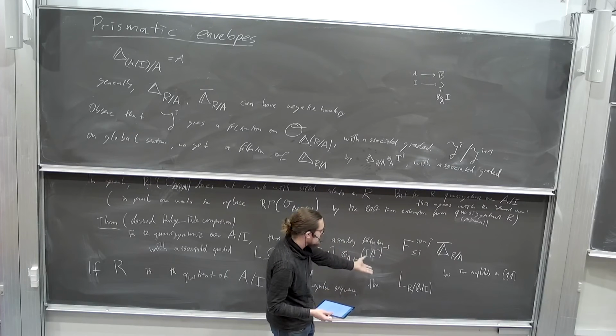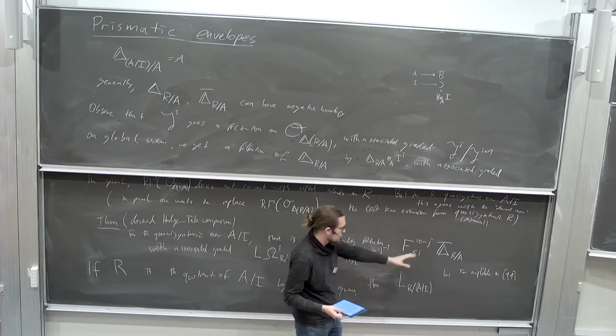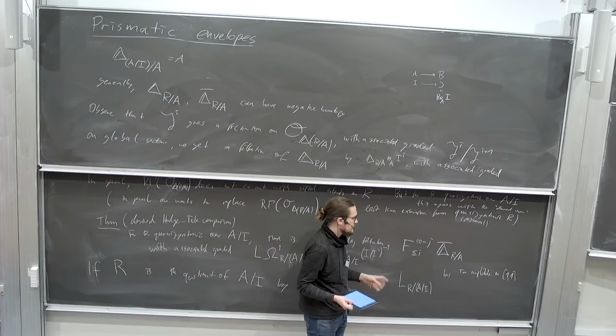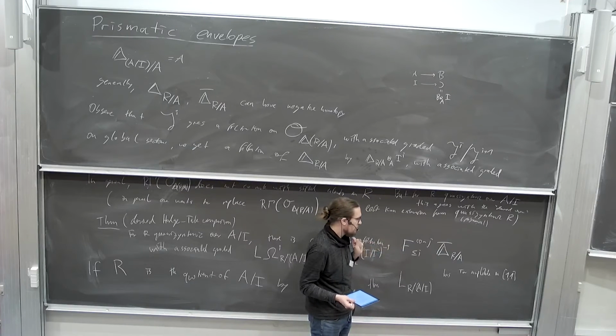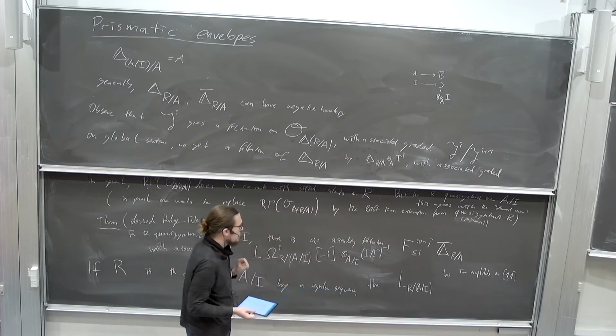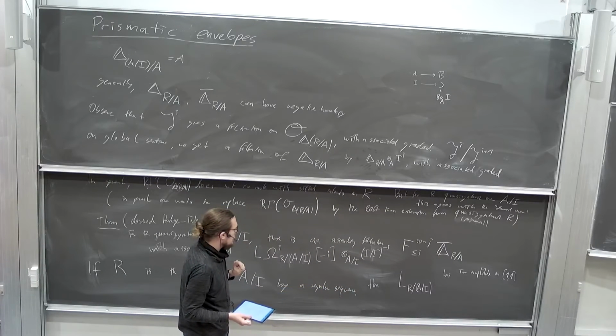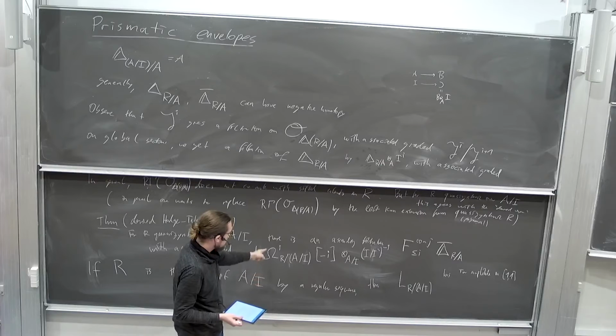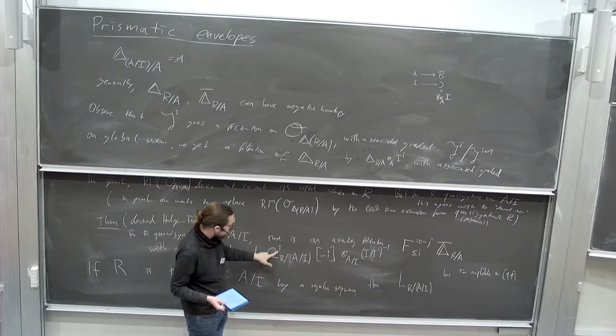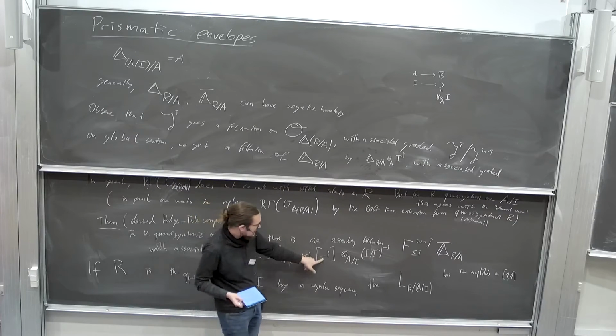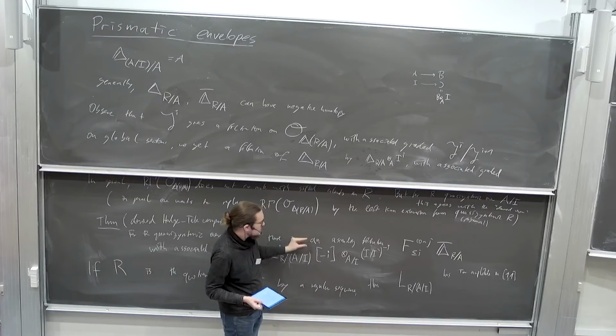But this is similar to the situation that Ben was discussing yesterday with the quasi-regular semiperfectoid stuff. So what do we get then for this? Well, let's think about i equals 1 first. L omega 1 lives in degree 1. Then we're shifting it down by 1, so now it's in degree 0.